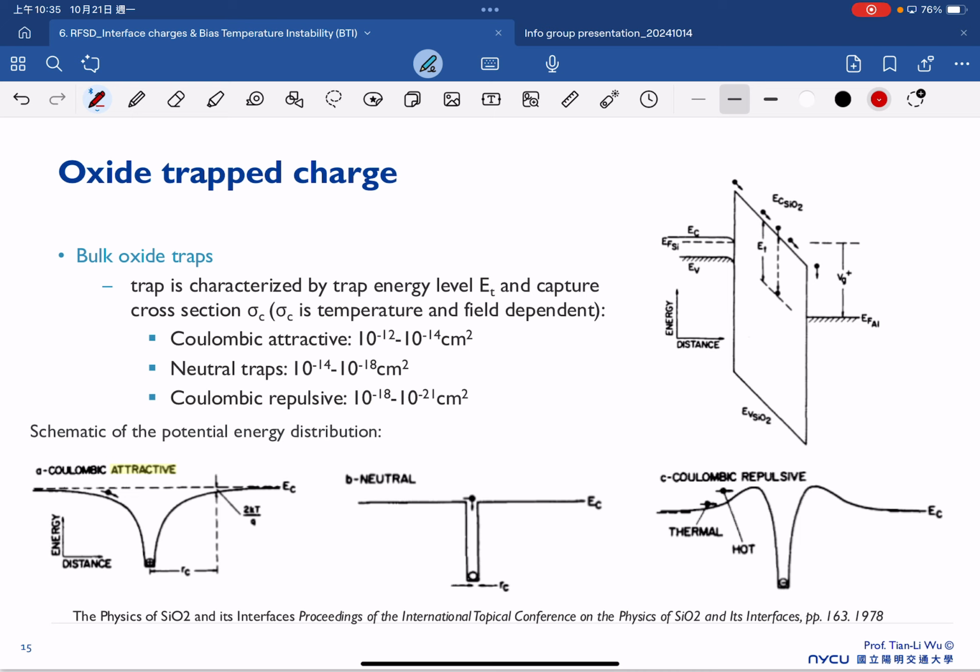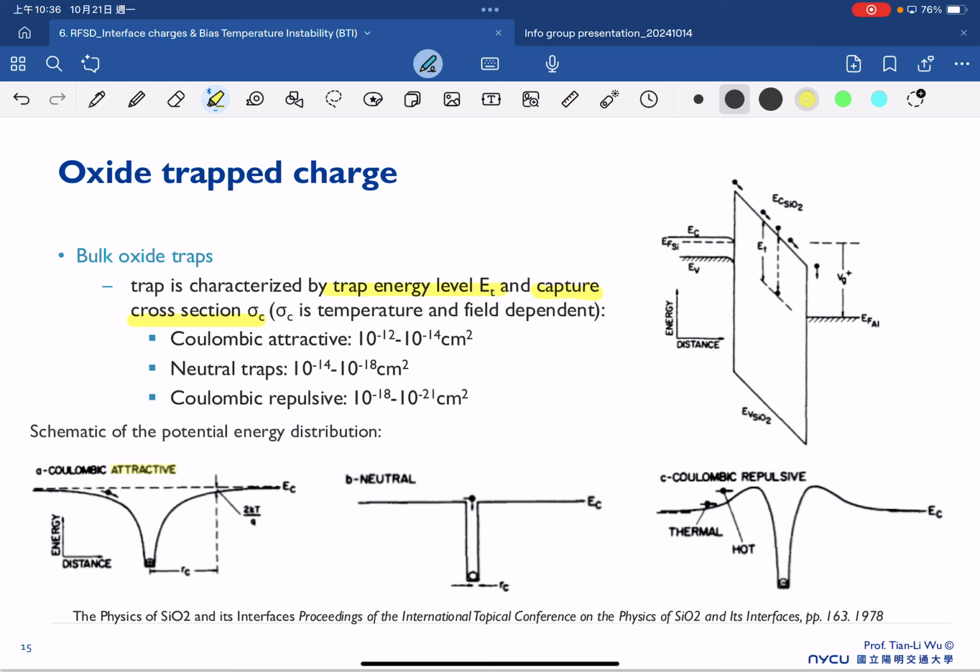One way to quantify is that the trap is always characterized by trap energy level and also the capture cross-section. This is pretty important. If you are in the reliability field, you will definitely see this term very often.